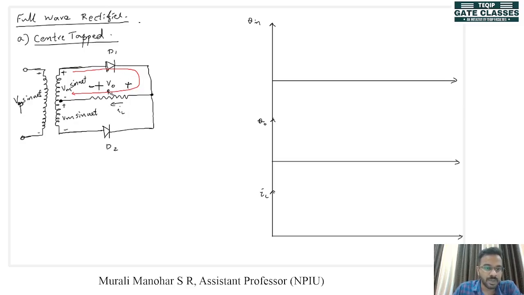And what will be the output? The output will be same as Vm sin omega t. So if this is our Vm sin omega t, and one more thing, we are assuming ideal diodes.